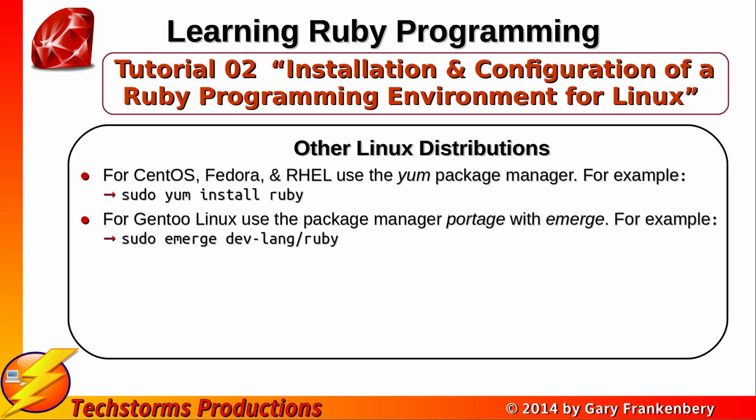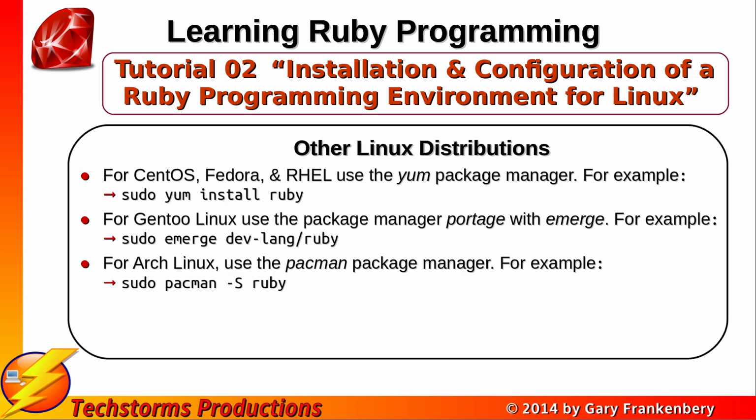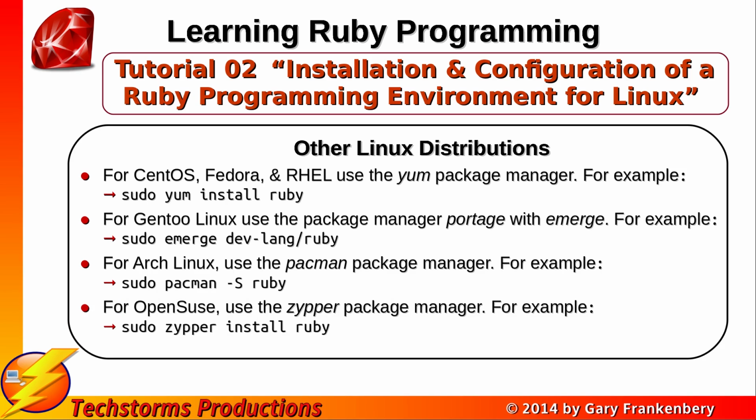For example, sudo emerge dev-lang/ruby. For Arch Linux, use the pacman package manager. Sudo pacman -S ruby. And for openSUSE, you can use the zypper package manager. For example, sudo zypper install ruby.